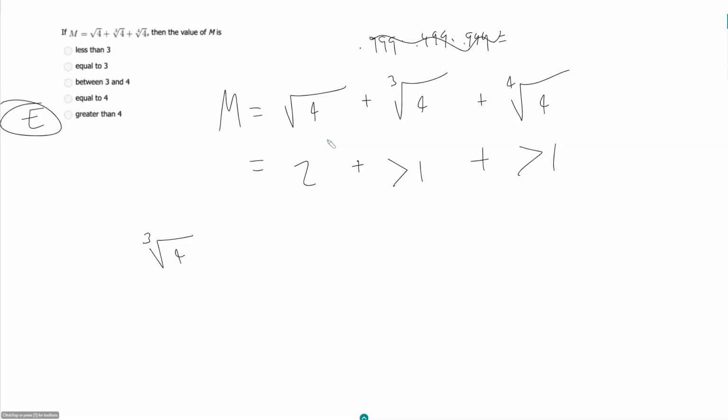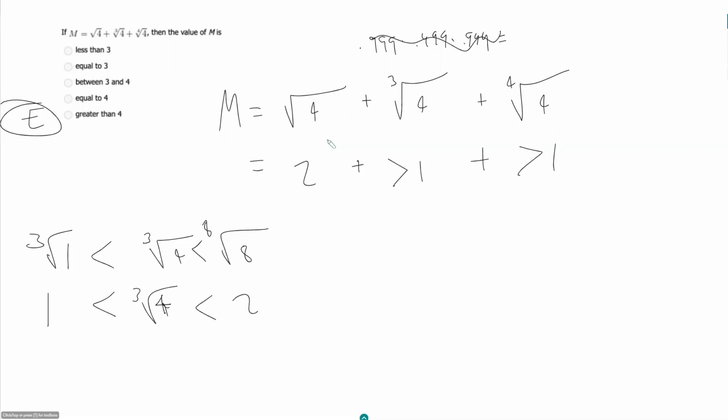So that's too far. It will be in between the cube root of 1 and the cube root of 8, which means the cube root of 4 will be between 1 and 2. So this is telling you it's greater than 1, which is all you need to know.